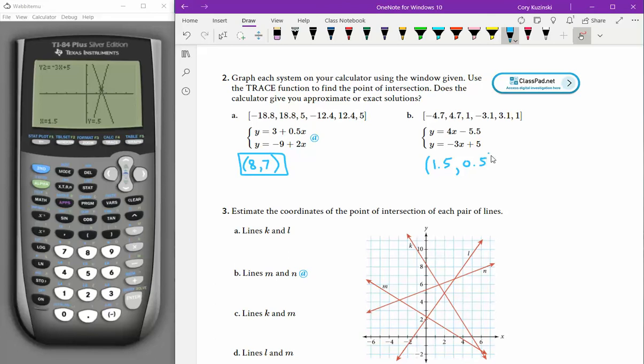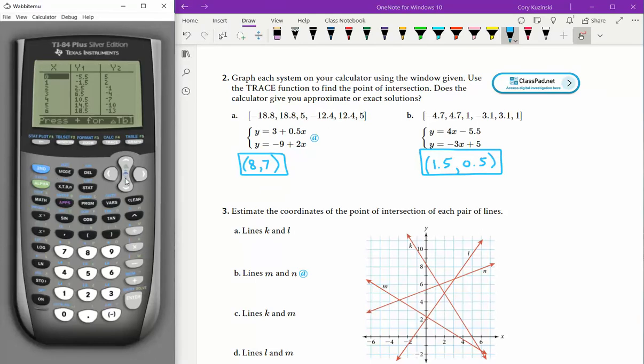We have to take educated guesses and check them in both to make sure that's the case. We can also go to the table, but actually we can't see the 1.5, 0.5. I'd have to change my table set to go by 0.5s. Then I could look at the table and see that at 1.5 I get the same outputs both times.